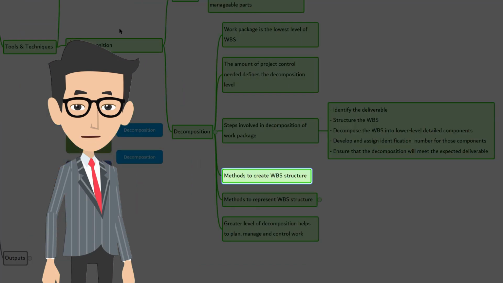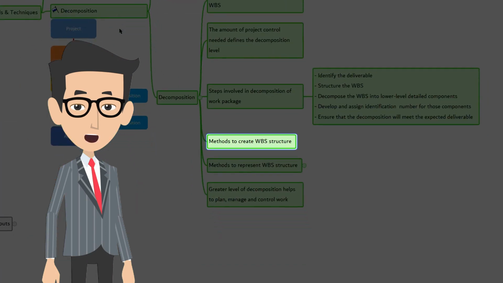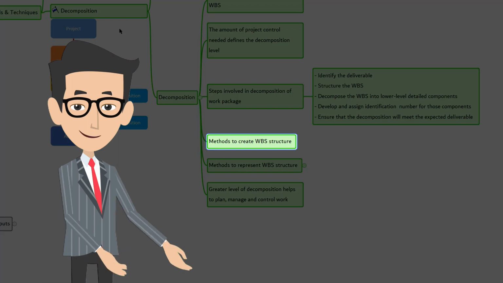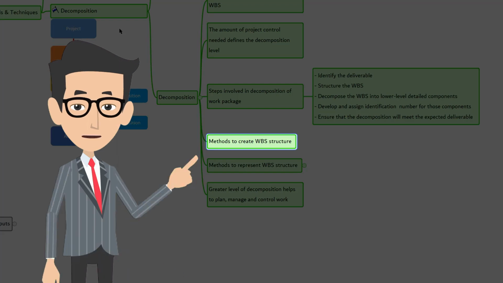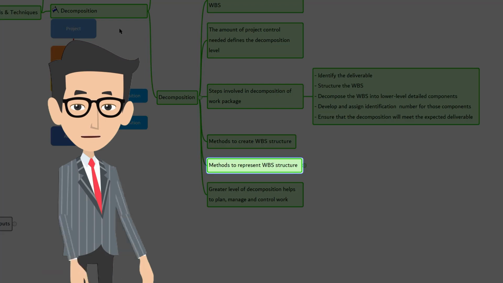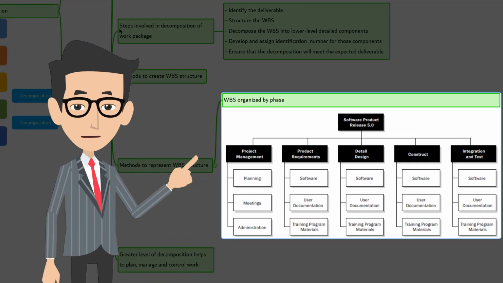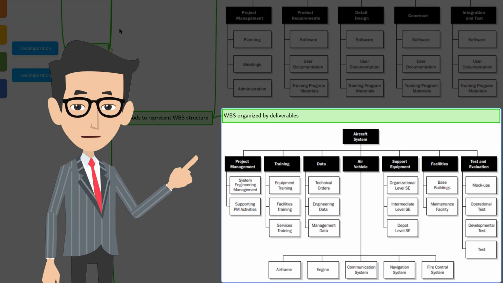The work breakdown structure may be created through various approaches such as top-down, bottom-up, or organization-specific WBS template. A bottom-up approach can be used to group subcomponents. In fact, the WBS can be represented by phase or by deliverables. It depends on the project.